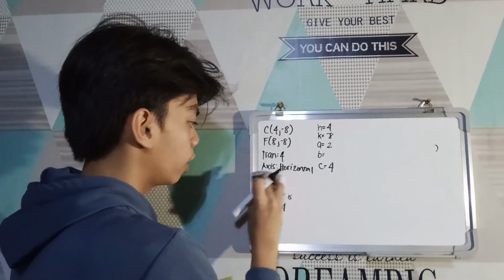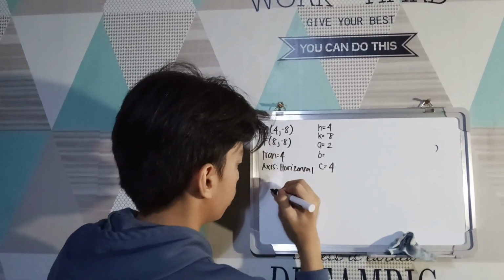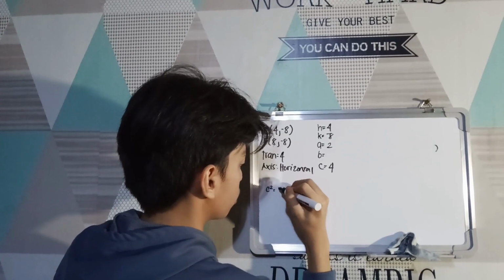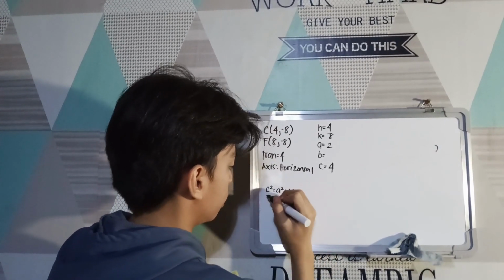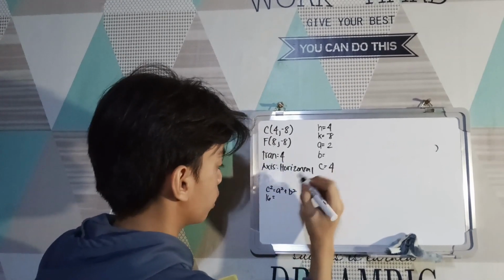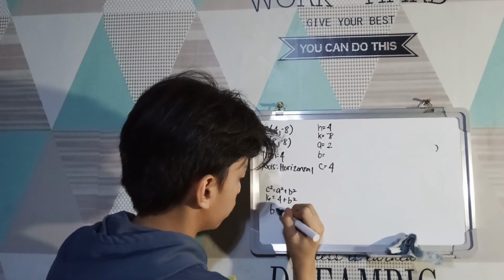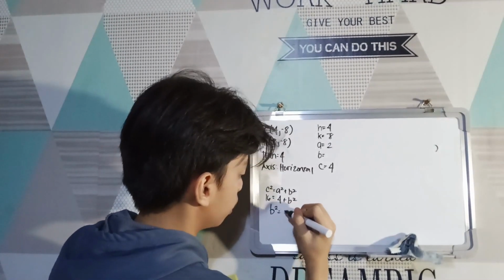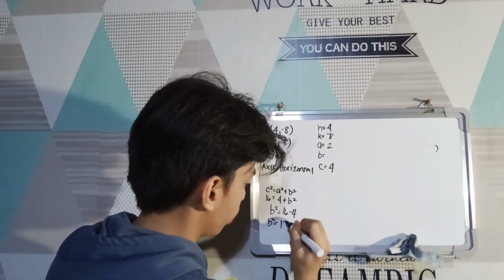Para naman makuha yung value ni b, gagamit tayo ng Pythagorean theorem. So, c squared is equals to a squared plus b squared. C squared natin is 16. A squared natin is 4 plus b squared. So, transpose natin si 4 sa kabila. So, b squared, 16 minus 4, b squared is equals to 12.